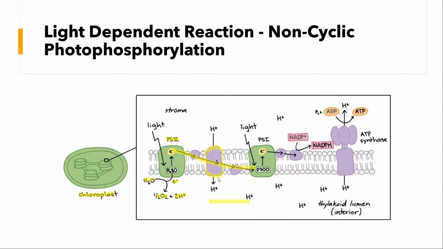So since you have energy, the hydrogen ions will go from the stroma to the thylakoid lumen. In the stroma there's a low concentration of hydrogen ions, but we're trying to build a concentration gradient, with the higher concentration being in the thylakoid space. So it's going to go by active transport from the stroma to the thylakoid space.